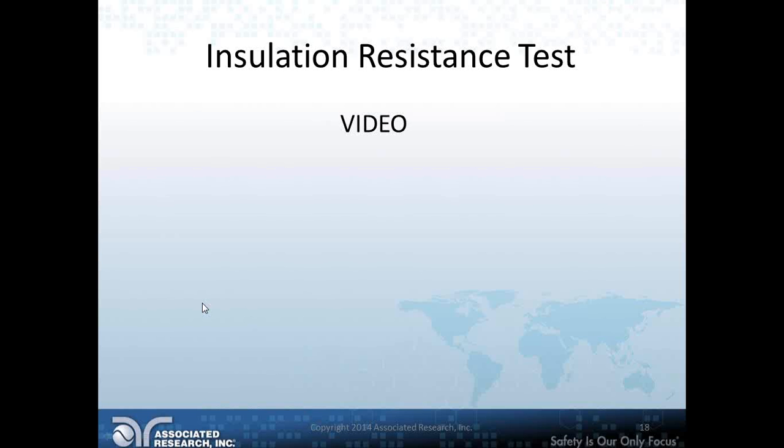Therefore, this tells us that we did not give our tester enough time to produce a stable reading, and this may give us false readings of our insulation, and the whole purpose of the insulation resistance test is to get a good idea of how good the insulation of our product is.